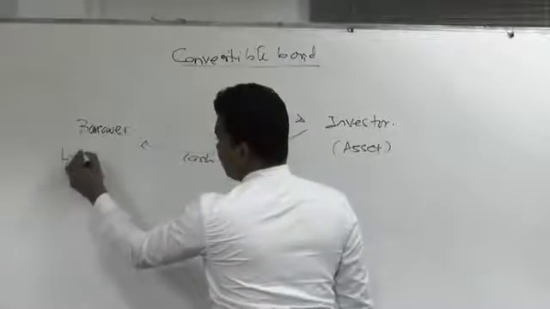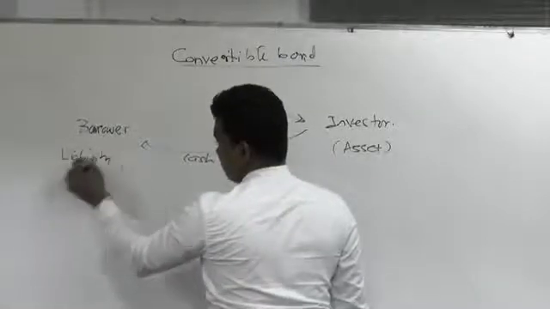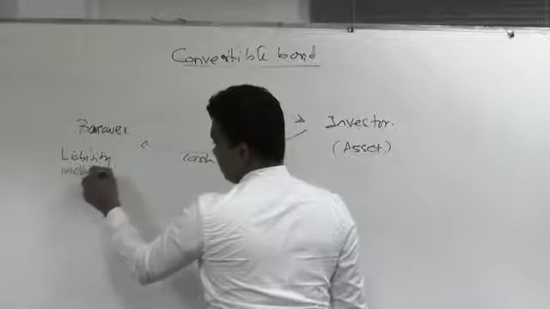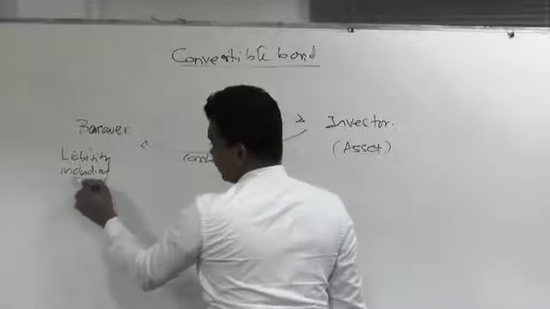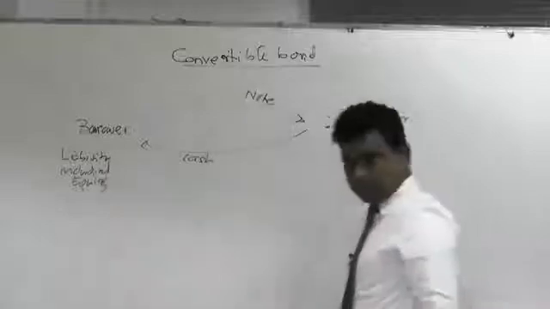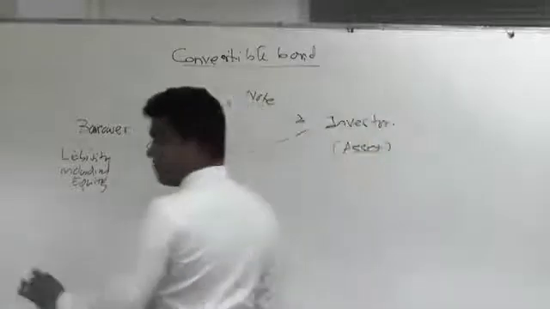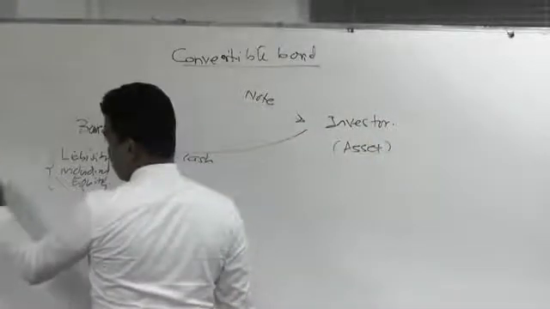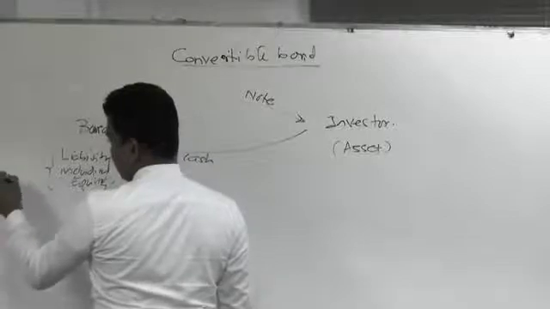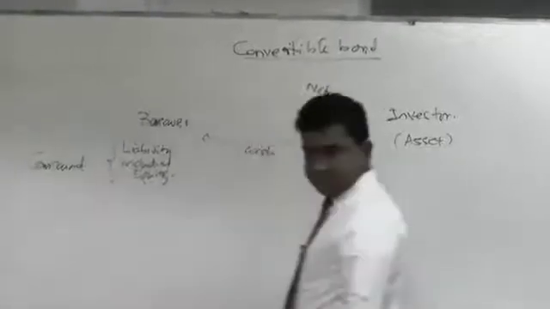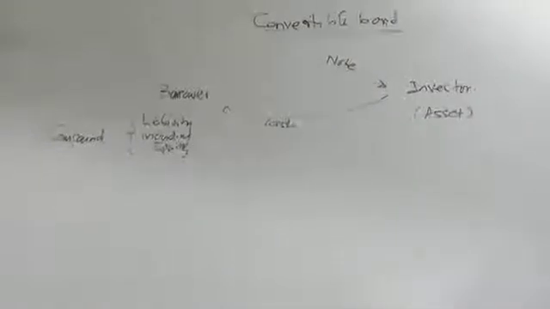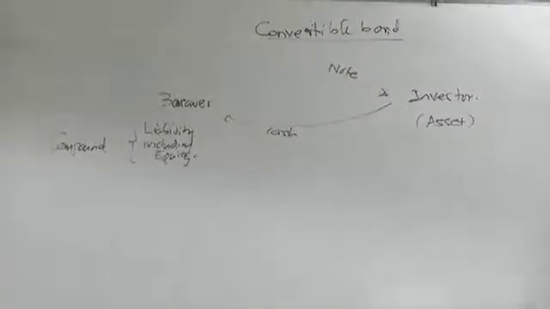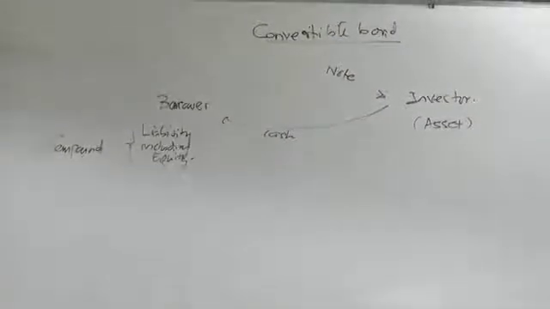It's a liability including equity characteristics. Am I correct? Compound. That's why we call it a hybrid instrument. The investor will recognize the financial asset.